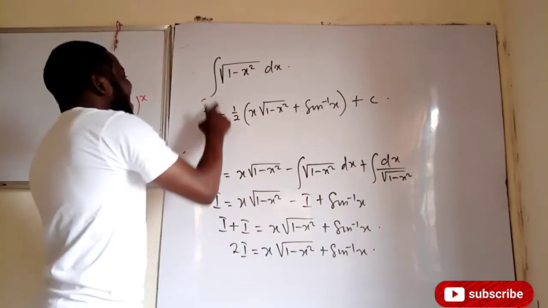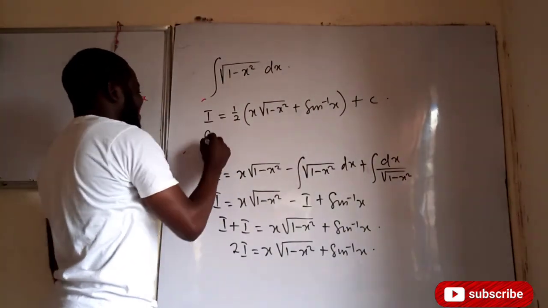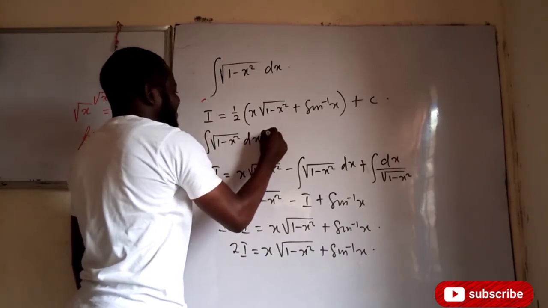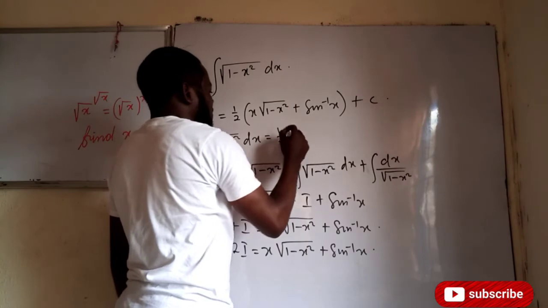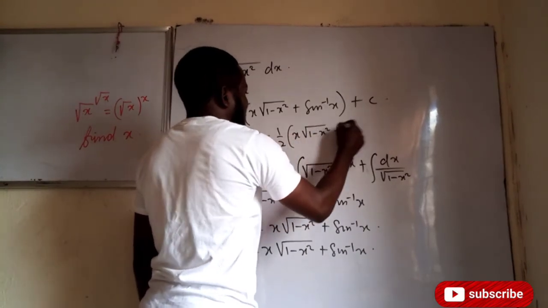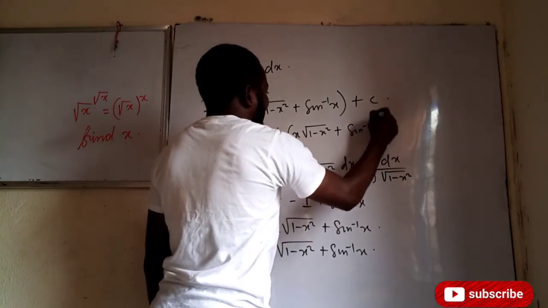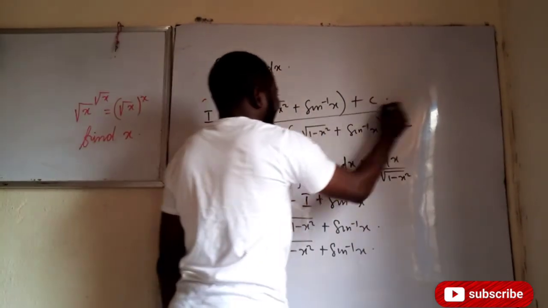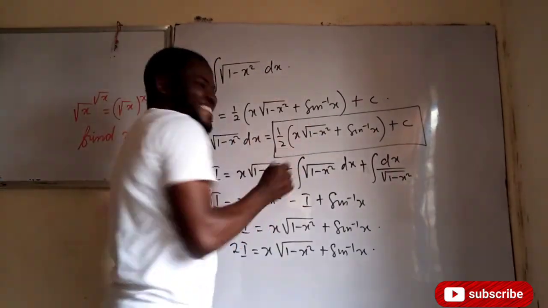Yes. I is the integral of the square root of 1 minus x squared dx, which equals 1 over 2 into x root 1 minus x squared plus the arc sine of x, then plus c. Here is our result, like this.